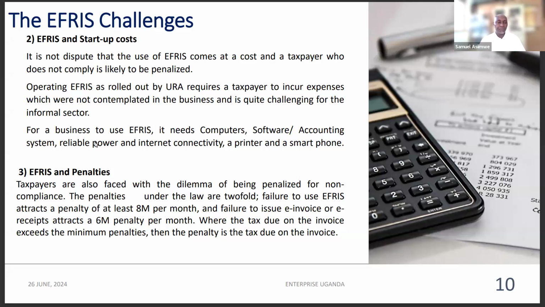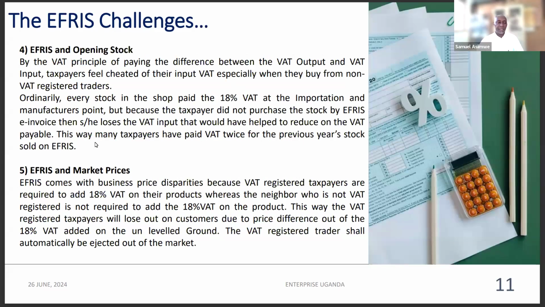By the VAT principle, where we pay the difference between the VAT output and the VAT input, taxpayers feel cheated of their VAT input, especially when they buy from traders not registered for VAT.